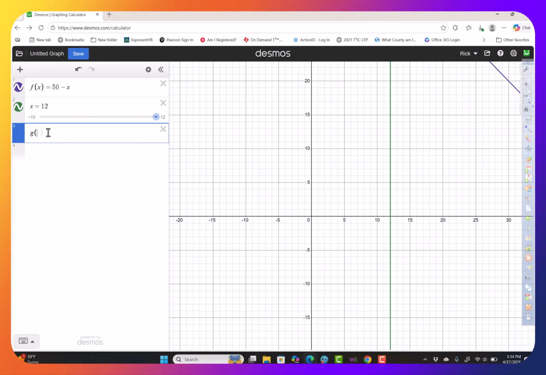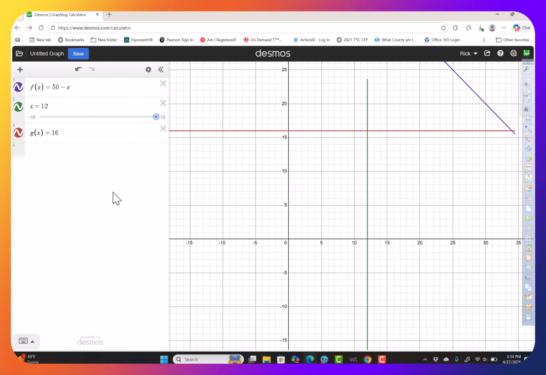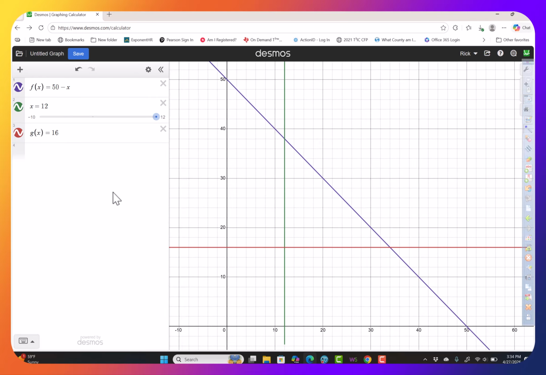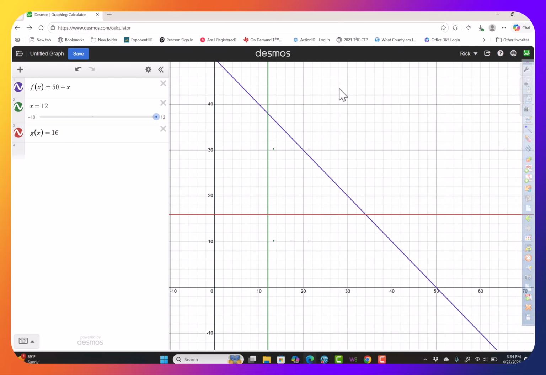And then g of x equals 16, and here we can just kind of drag and pinch the screen. So here we want, this is our feasible region, and if we just click on the intersections, Desmos will actually label them for us.